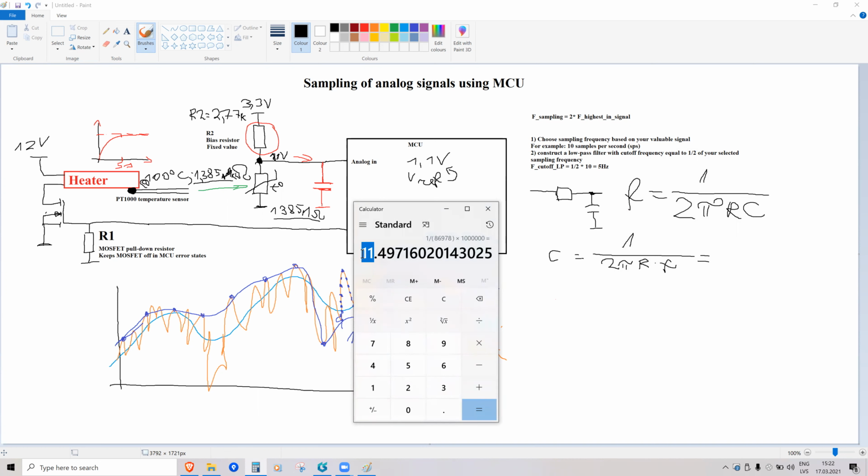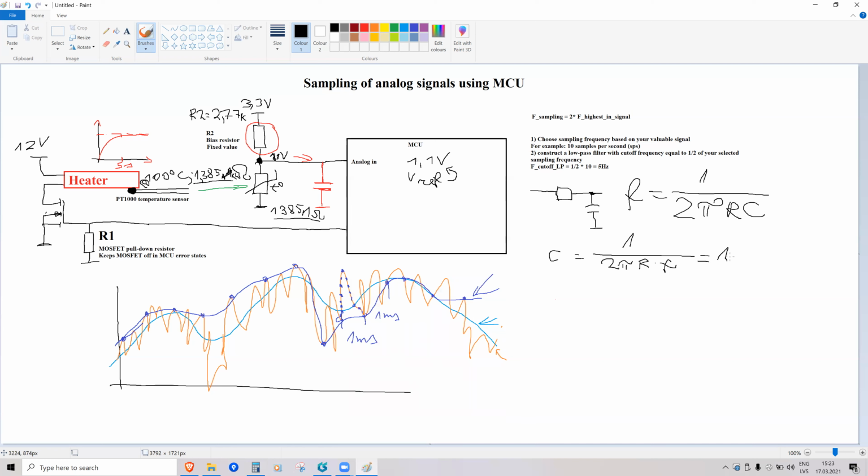So it's 11 microfarads. Okay, 11 microfarads isn't really that big of a capacitance. So let's go on the internet and try to buy a capacitor which has a capacitance of a little bit over 11 microfarad. I'll just write it down. 11 microfarad.